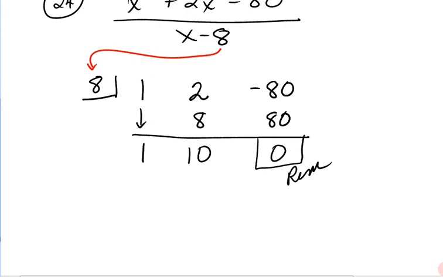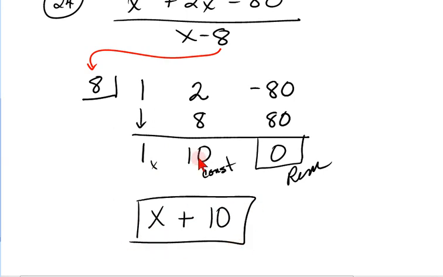When you look at your answer choices, 1 space 10 is not going to be an answer. But if you remember that if you move from right to left, the next one over is the constant, and the one after that is the coefficient of x, and if I had another one, it would be an x squared, and so on, building powers. My answer is x plus 10. Plus because it's positive.